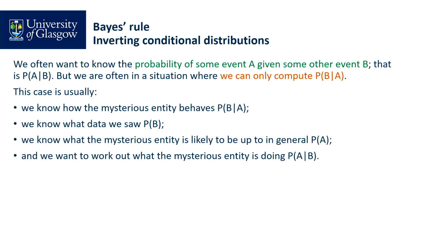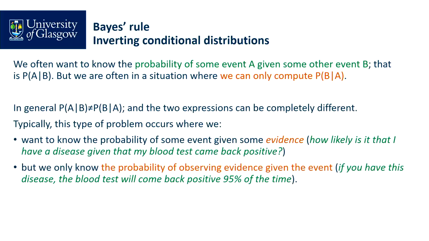It allows you to calculate P of A given B if you already have P of B given A. Usually the practical case is that we have a mysterious entity that gives you B given a certain number of variables A. We know the data that we saw, P of B, that's the thing we've observed, and we know what the mysterious entity is likely to be up to in general, so that's P of A. And from those things, we want to work out what the mysterious entity is doing, P of A given B. And that's what Bayes' rule does for us.